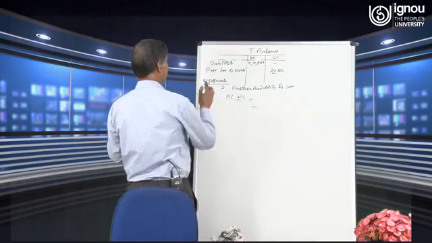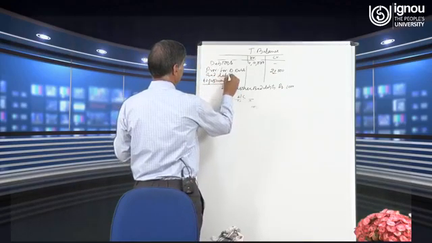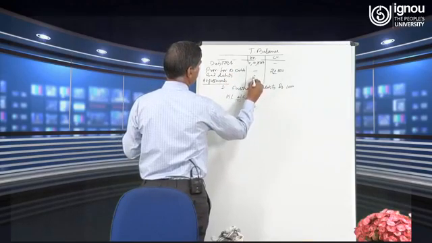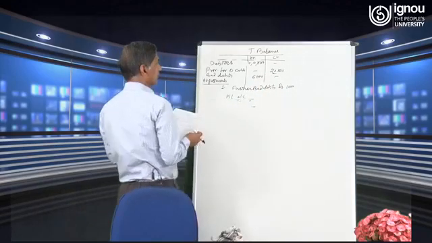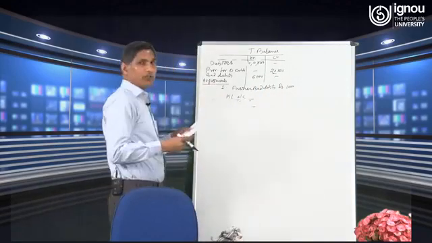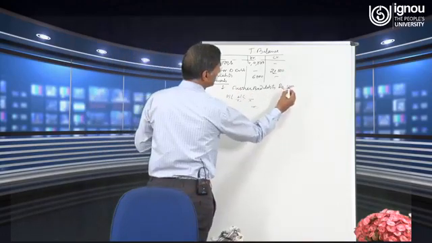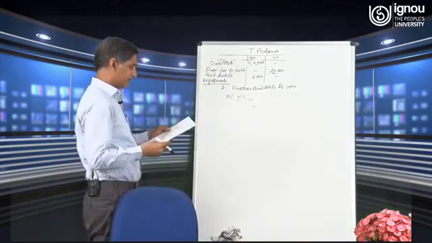Bad debts 6,000 rupees. Adjustments you have been given: further bad debts 10,000 rupees.